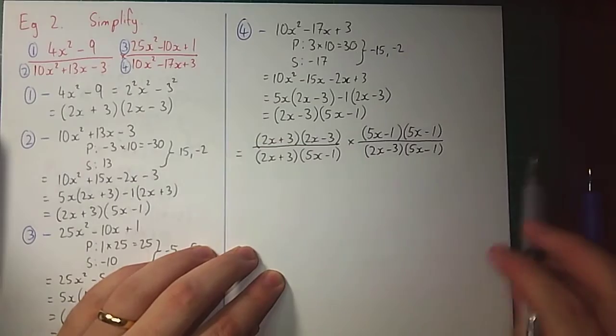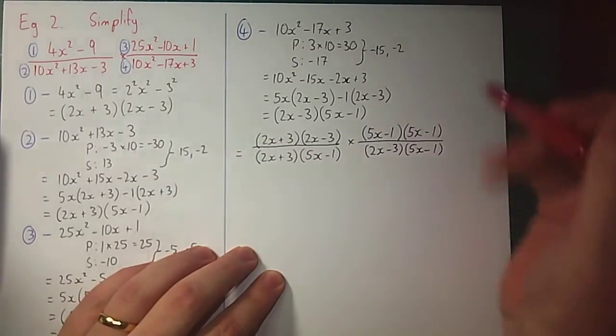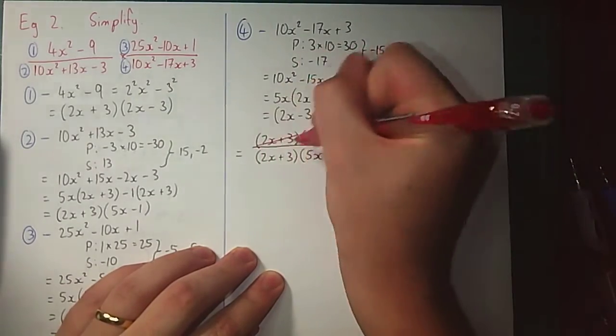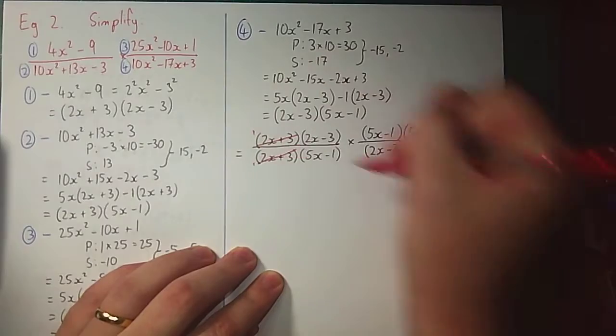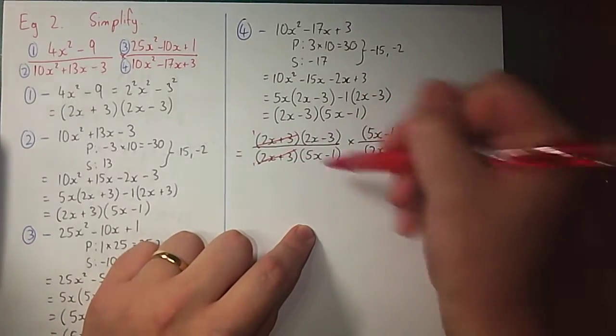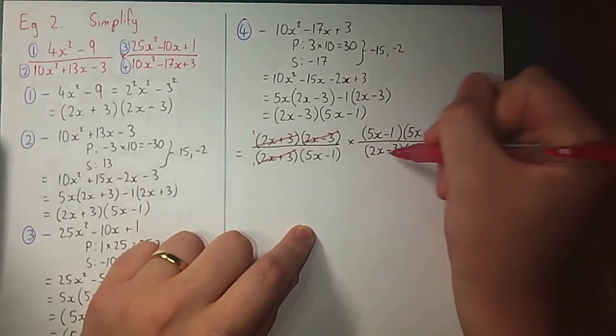So now we've done all this, it's time to cancel some of this stuff out. So first of all, we've got 2x plus 3 and there's a 2x plus 3, so they're going to cancel. They're left with 1 for each. Now here we've got 2x minus 3. Look around to see if there's a 2x minus 3 anywhere else. There's one here, so they're going to cancel.